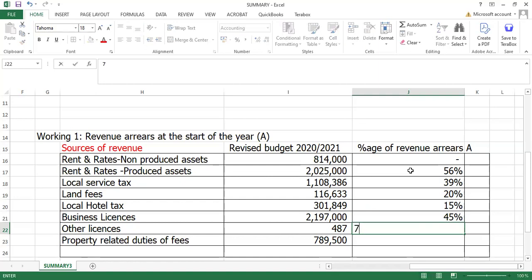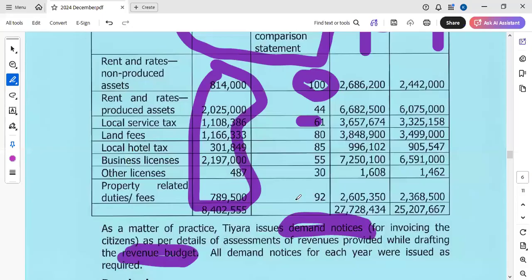Then here you're demanding 70% because you corrected 30%. Then here you're demanding 8%, because you corrected only 92. When you look at our question, the entity managed to correct 92. So it means that the 8% is the revenue areas.